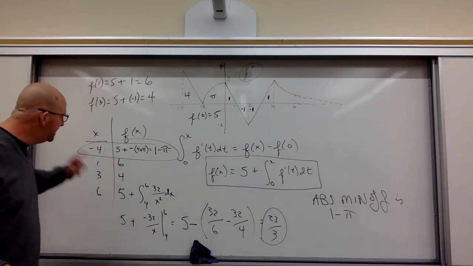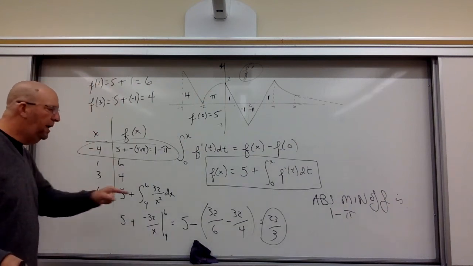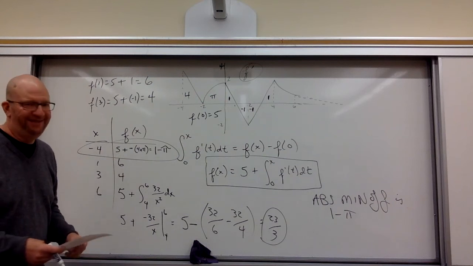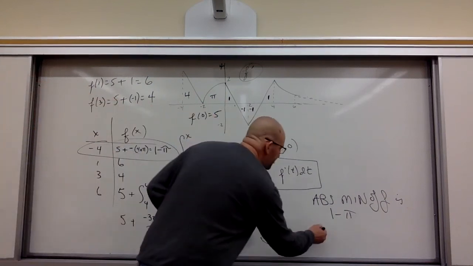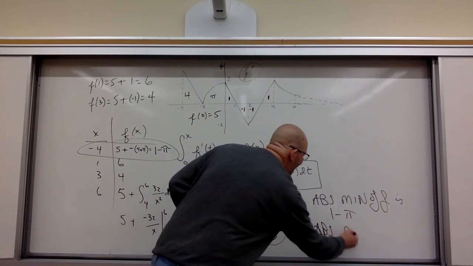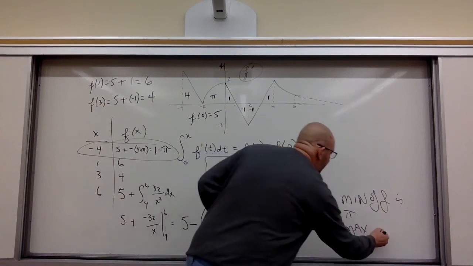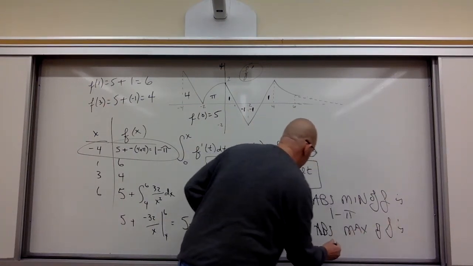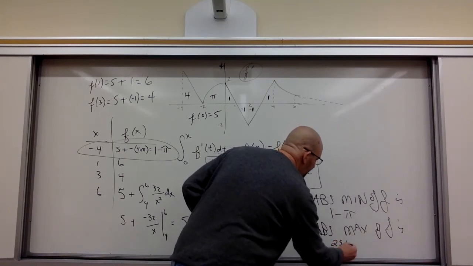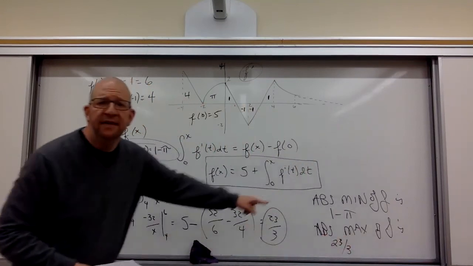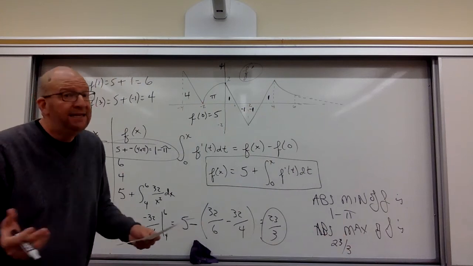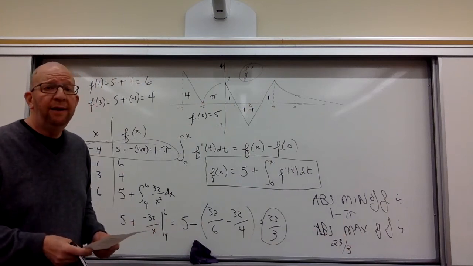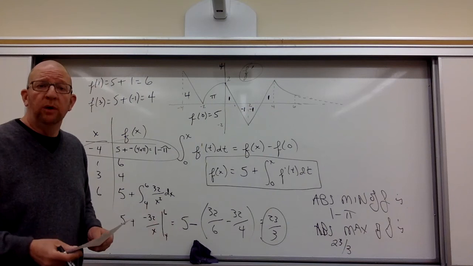Let's see, I've got 6, I've got 4, I've got 23/3. Absolute max of f is 23/3. I hope you can all see that down there. That's part B. All right? And that's how this works out.